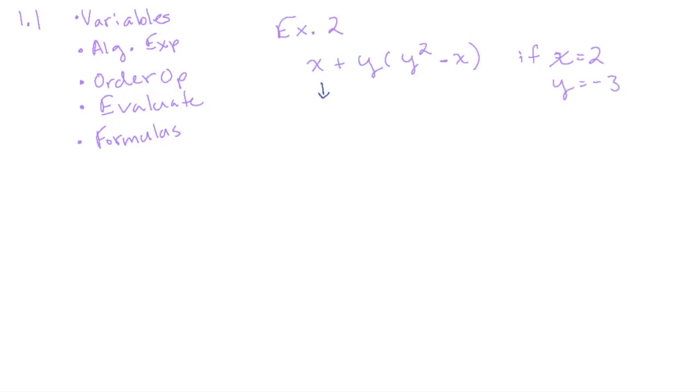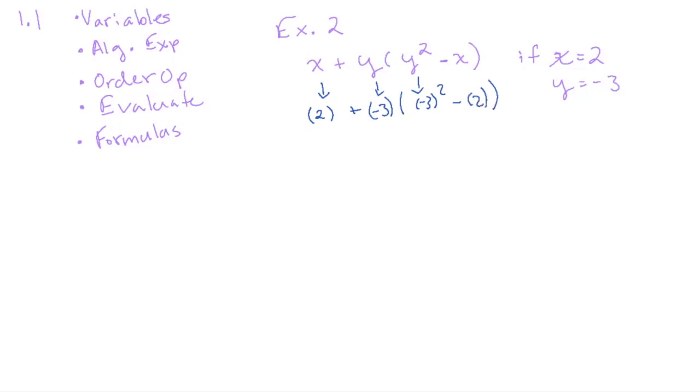All right, so in this case, we're going to replace, once again, everywhere there was an x, we will now replace it with 2. So we'll have 2 plus 3, negative 3 here. Remember I said put parentheses around everything when you are substituting back in. Negative 3 squared minus 2.